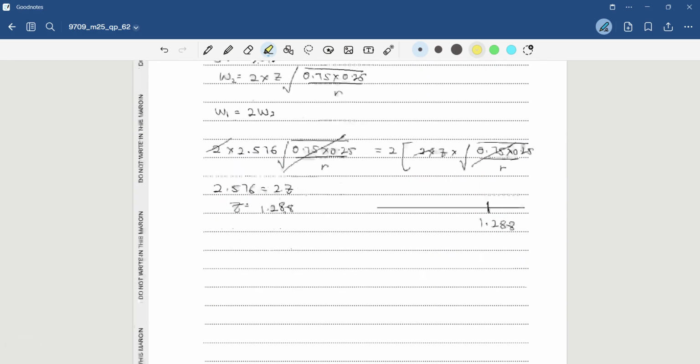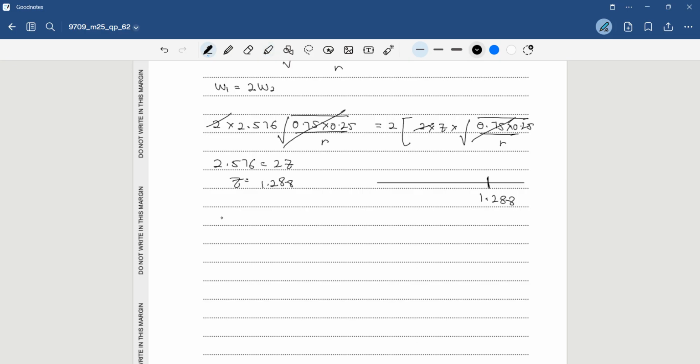Okay, so my probability of this region will be 0.8997 plus 0.0015, which will be 0.9012. So this is this part from here to here.